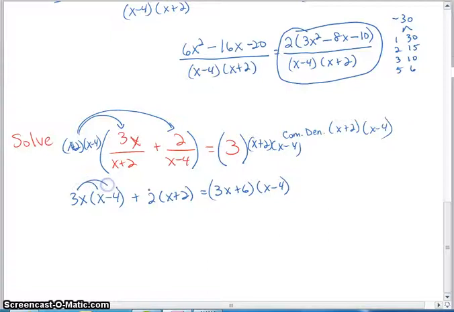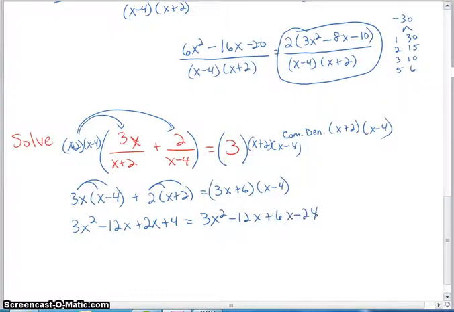So now I distribute. I want to get it equal to 0, right? So I have 3x squared minus 10x plus 4 equals 3x squared minus 6x minus 24.